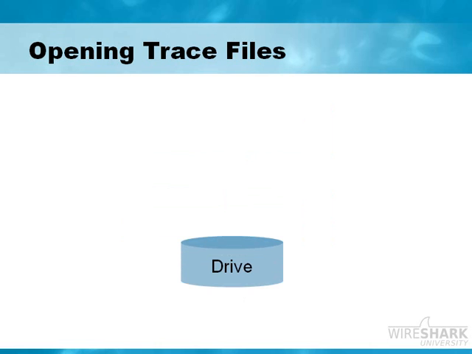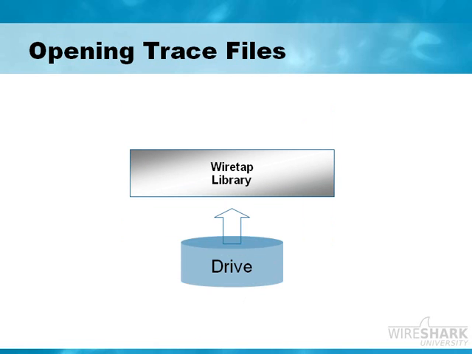When we open up trace files, we're picking up these files from a drive, and there's a piece called the wiretap library that is used in Wireshark. The wiretap library contains all of the information required to decipher these different trace file formats so that Wireshark can read them. There are a lot of different formats that Wireshark reads now. Let's go over to Wireshark and I'll show you the master list of all of the formats that it uses at this time.